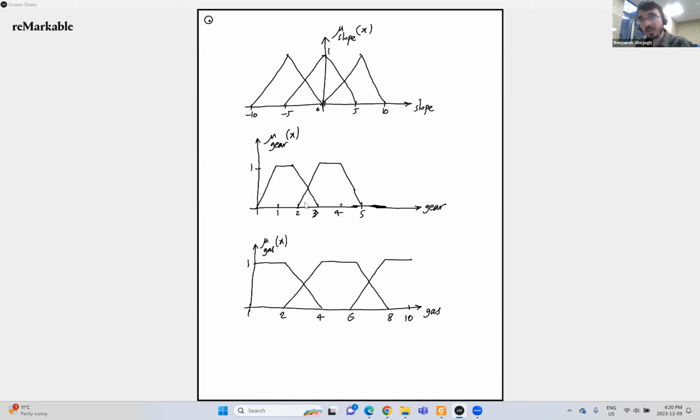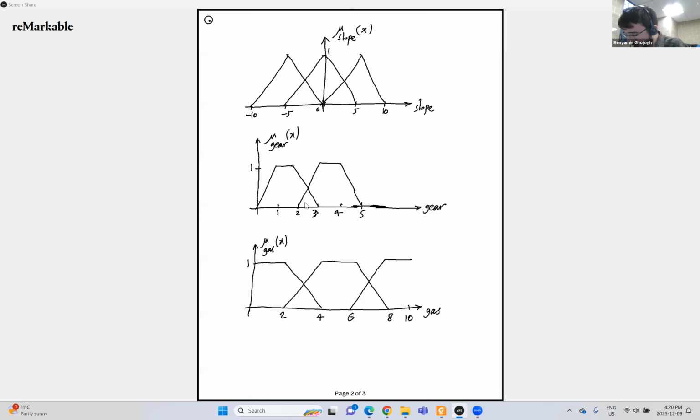But in the exam, I will either give you the membership functions, or you will determine them, maybe using the previous slide deck. I will not give that freedom to you, so you don't need to worry about what membership function to choose.